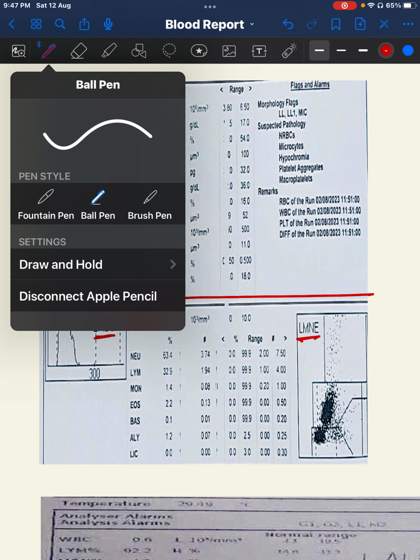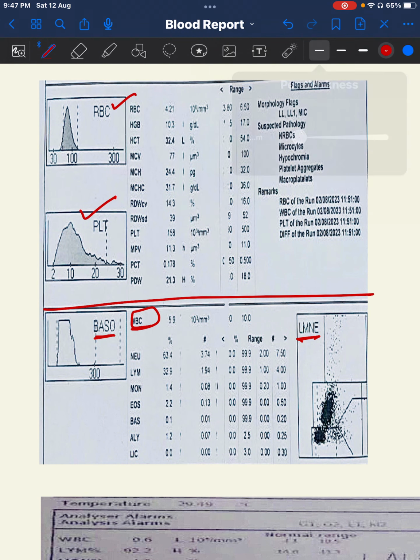Now, in the RBC graph, it has talked about the RBC count, obviously. Every report will have a range. So every lab has their own normal ranges. You should always compare your finding with the normal ranges in the lab. Yes, we do have standard reference ranges for all these parameters, but they vary minutely from lab to lab.